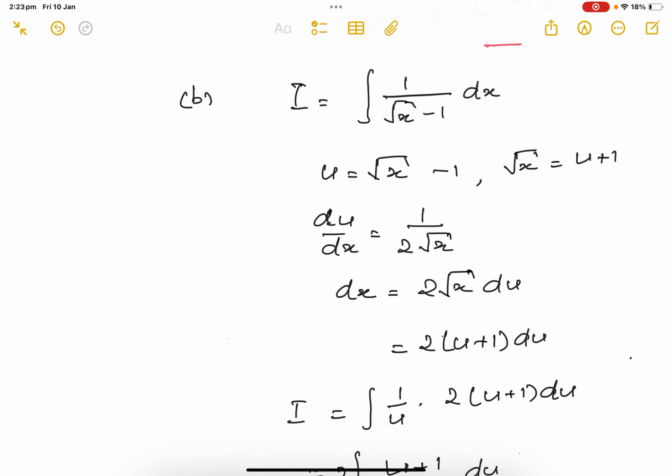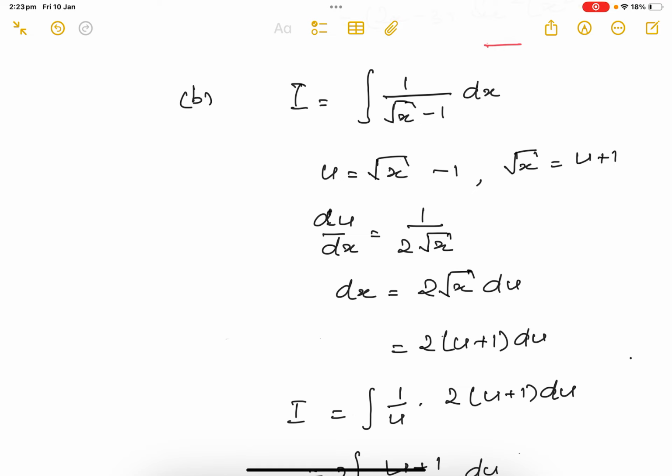du over dx, so differentiate u with respect to x, becomes 1 over 2 root x. We could do it as x to the power half, and then half times x to the power minus half, giving 1 over 2 root x. So I just write it directly. du over dx equals 1 over 2 root x.